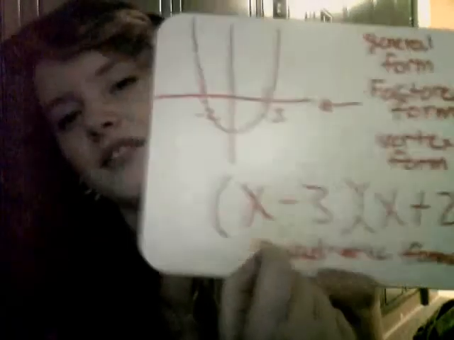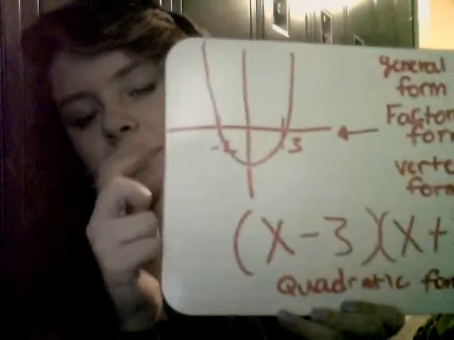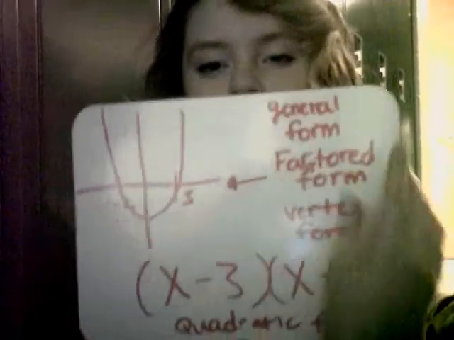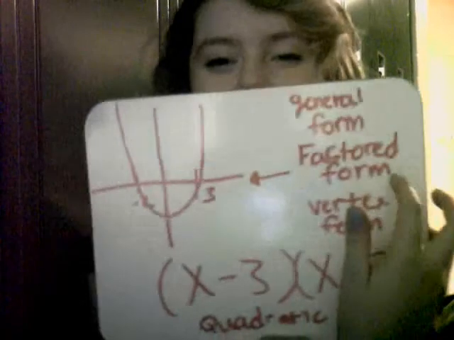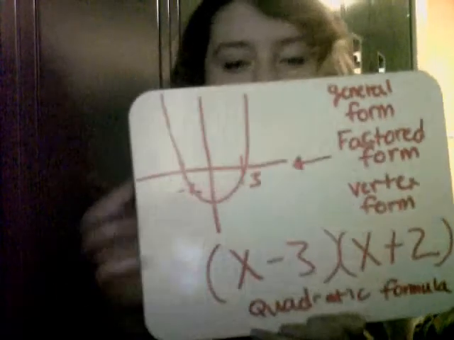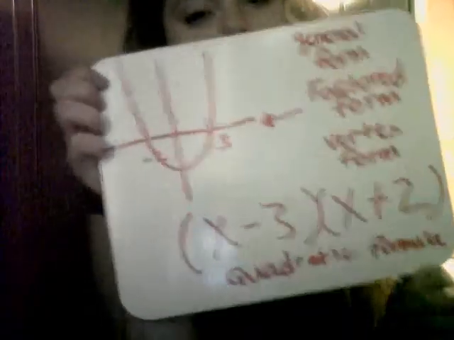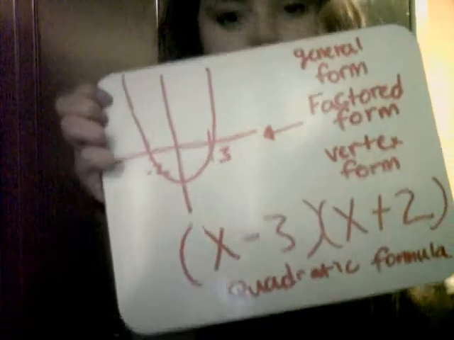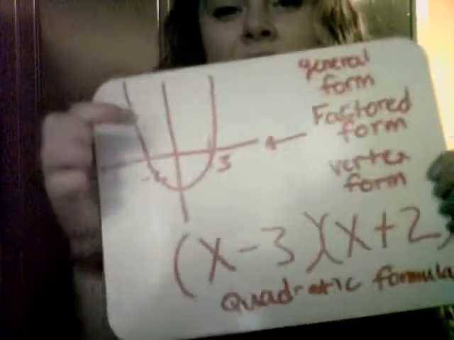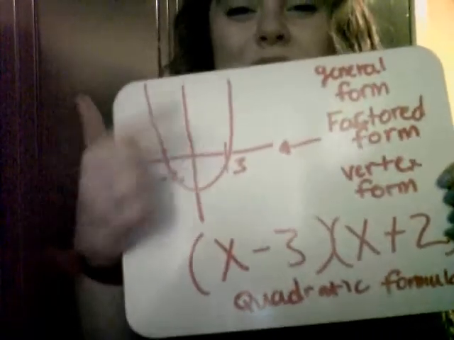We did the three forms: general form, factored form, and vertex form, and we did factored form for this one. It's a parabola, upside down.